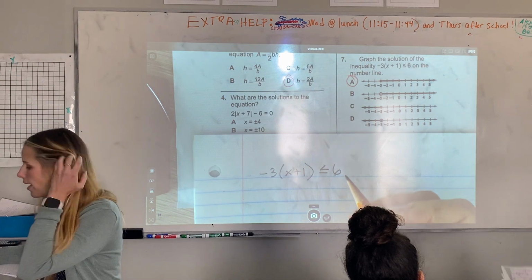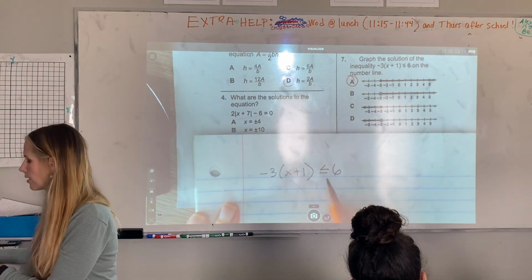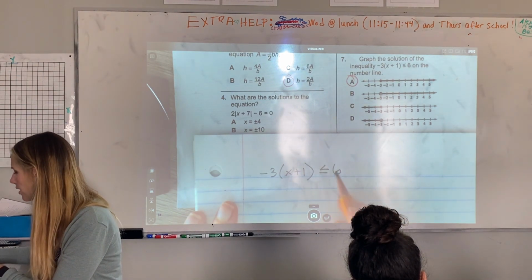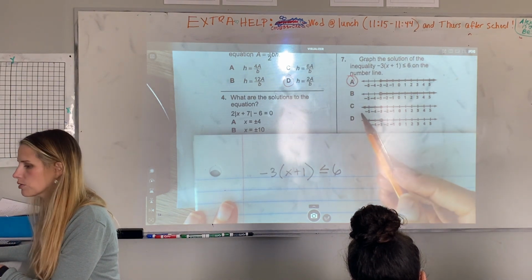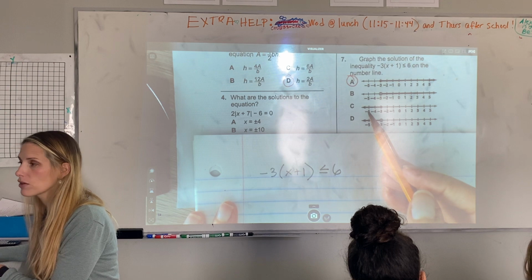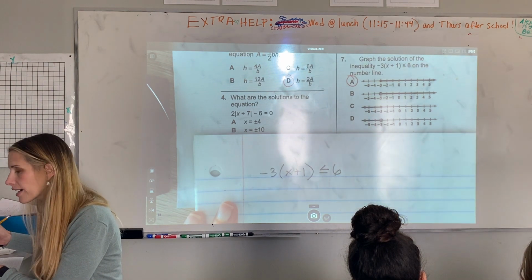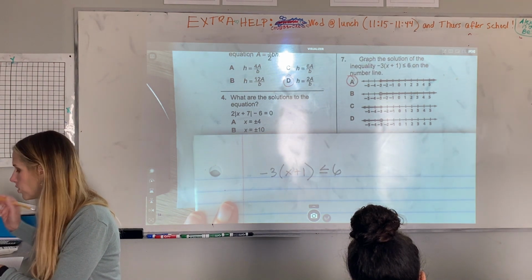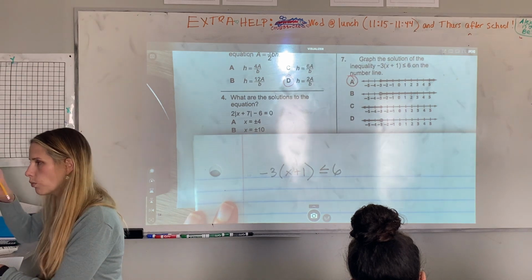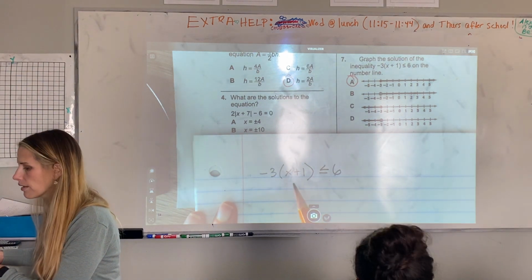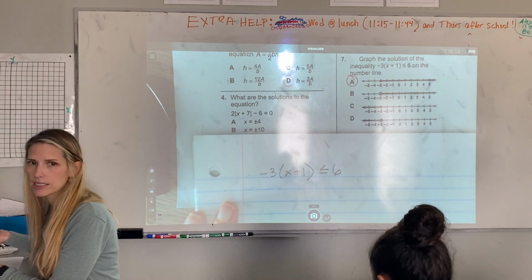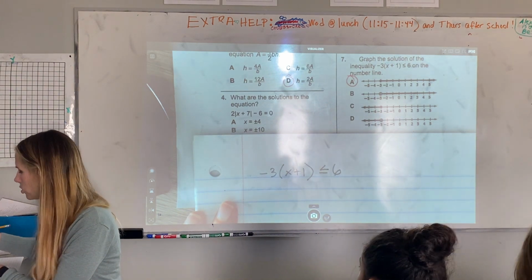If you're like, oh, it says less than or equal to, so it has to be pointing down and it's filled in, and then you would circle C, you would be getting it wrong, because you have to check 2 things. Number 1, which side of the equal sign your variable is on, which will be on the left, but also is the inequality symbol going to flip, which it is.